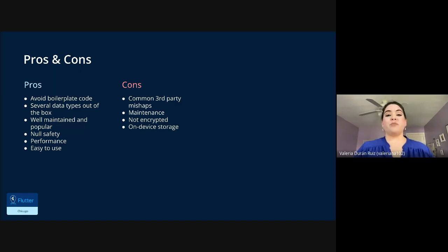Then, to the best of my knowledge, you can't encrypt the Drift databases. Maybe you can, but I really don't think you can. And then on-device storage, I'm putting it as a con, not because it is a con at all, but because when you're deciding how to store your data, it is something to consider how your user can migrate to a new device.